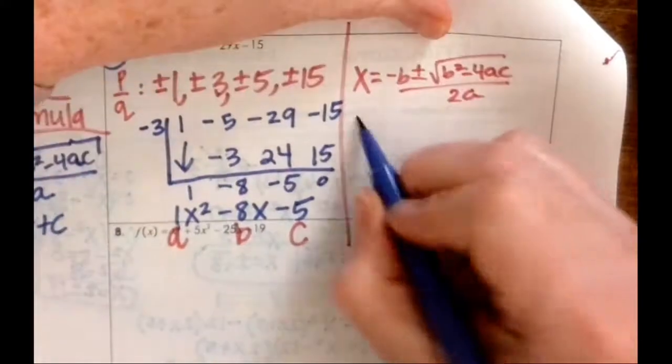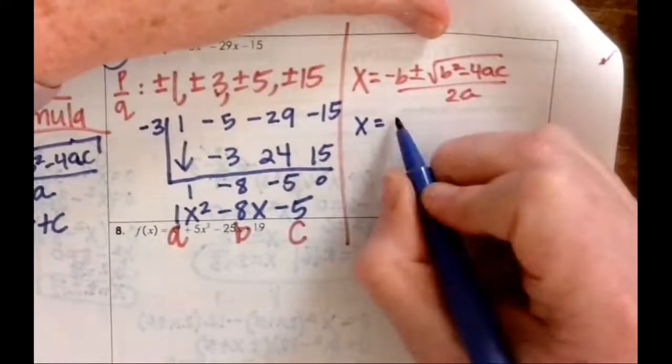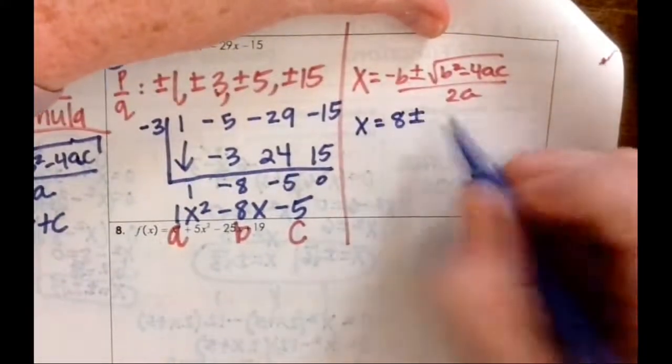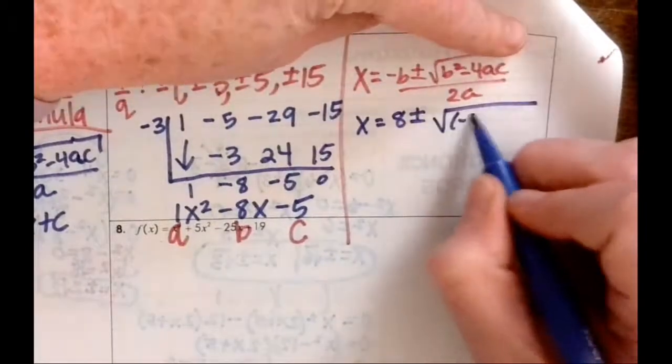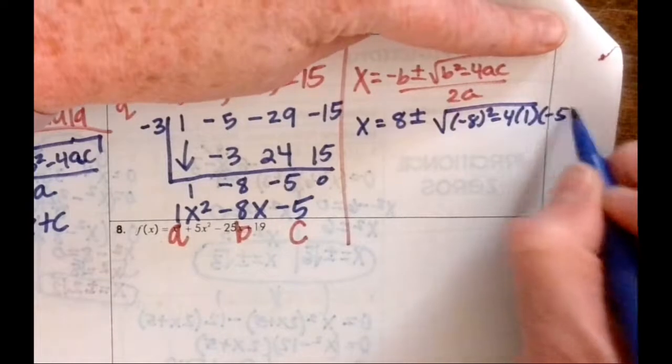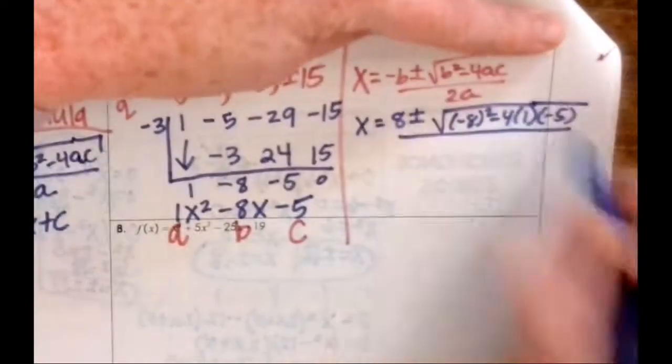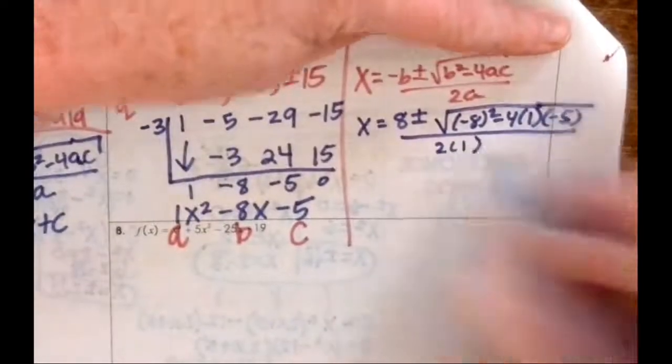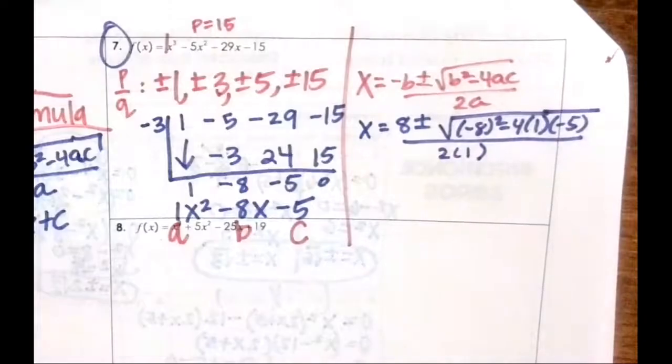Okay, so x will be negative 8, which is 8, plus or minus the square root of negative 8 squared minus 4 times 1 times negative 5, all over 2a, 2 times 1. Okay?